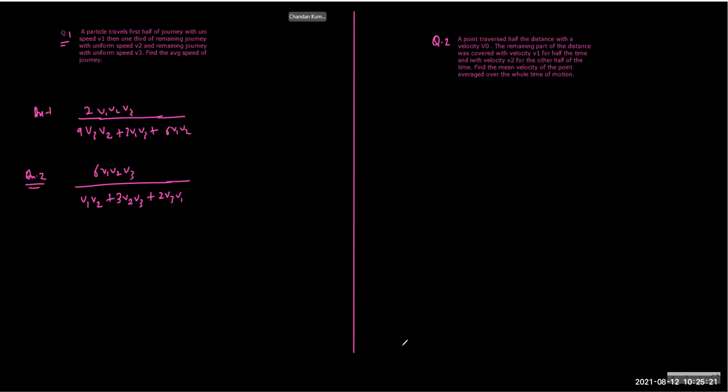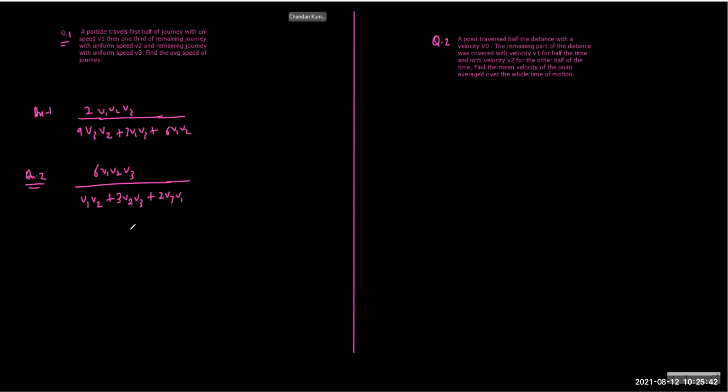Hello, sir. Yes. Sir, I took the first part as X and second part as X, and V2 has covered 1 by 3 of the remaining, so X by 3. A particle travels the first half of the journey, but then one third of the remaining. What does it mean?